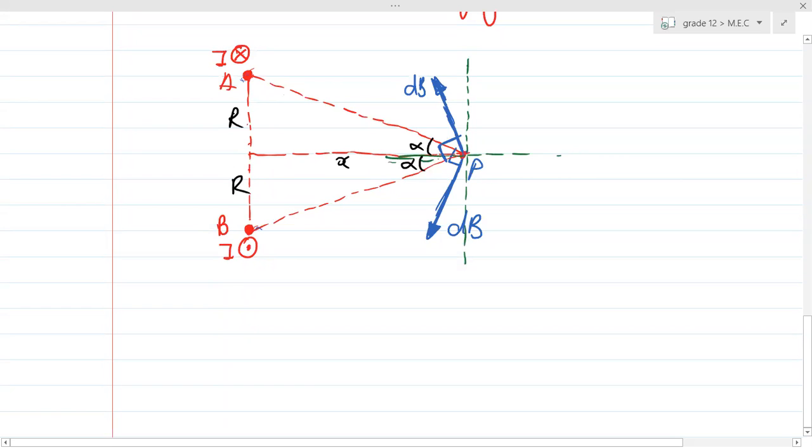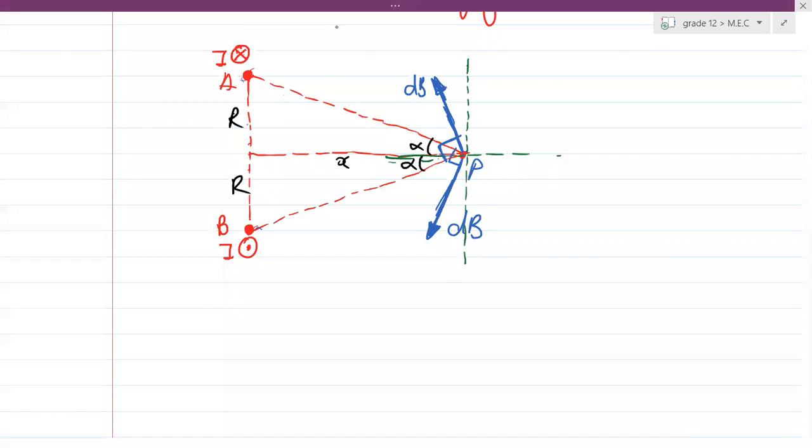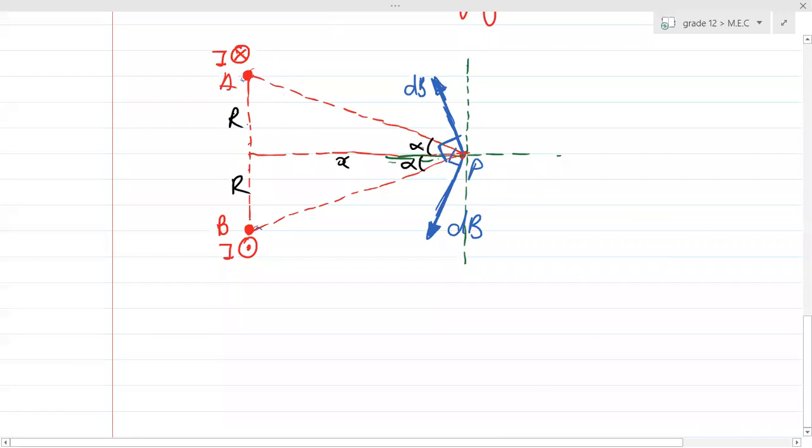Please remember, if this is alpha, then this is alpha. If this is alpha, then this is alpha. Are you getting my point? I'll relate one angle with two and three angle with four. So one and two are related, and three and four are related. Is it clear?